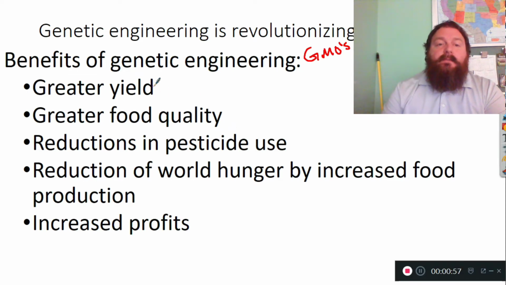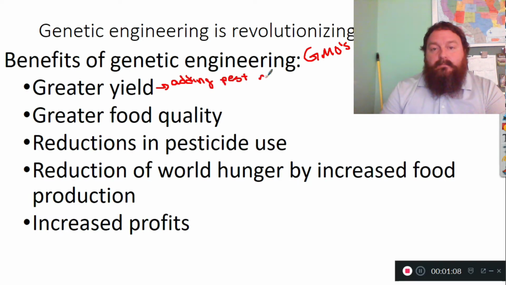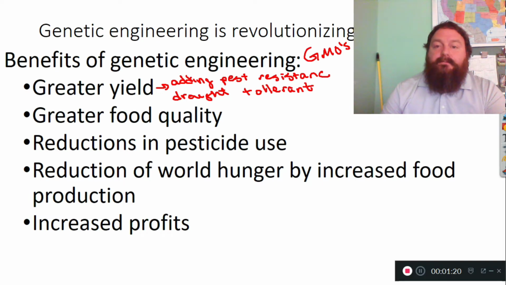So one of the things they've helped us do is to get greater yield. We've increased yields by adding pesticide resistance, we've added drought resistance, we have drought tolerant crops now, and we've also allowed them to grow bigger and faster.